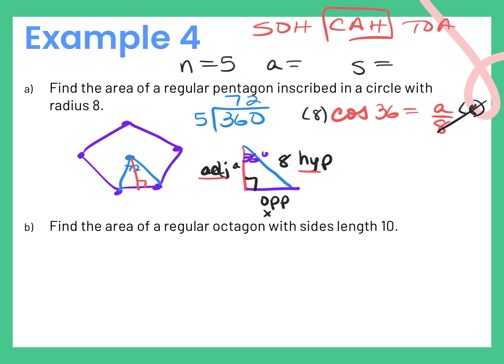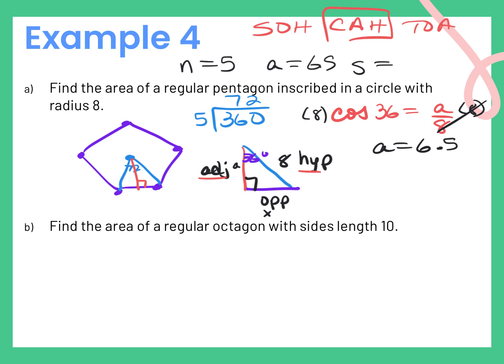Make sure your calculator is in degrees. So cosine of 36 times 8 gives me 6.47. So I'm going to round it to 6.5. So that's my apothem.